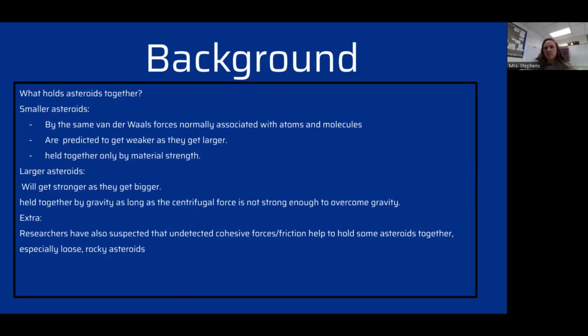Next is what generally holds the asteroids together. So for smaller asteroids, they are related to how the atoms and molecules, the forces that hold them together. So smaller asteroids are predicted to get weaker as they get larger, and they're held together by their material strength, which is their ability to withstand an applied load without failure or deformation.